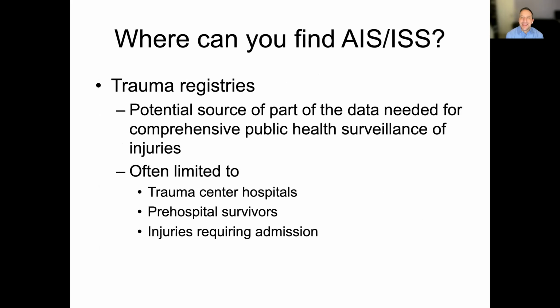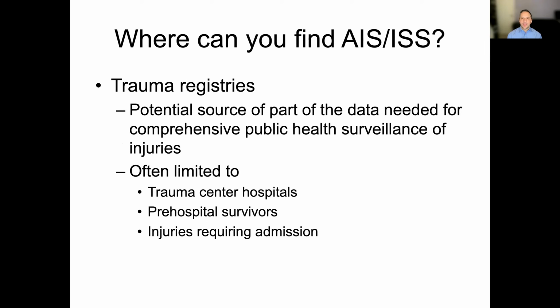So where do you find AIS or ISS? Well, there are very few places where you can actually find them. Trauma registries have them. Trauma registries are sources of data needed and used for comprehensive public health surveillance.